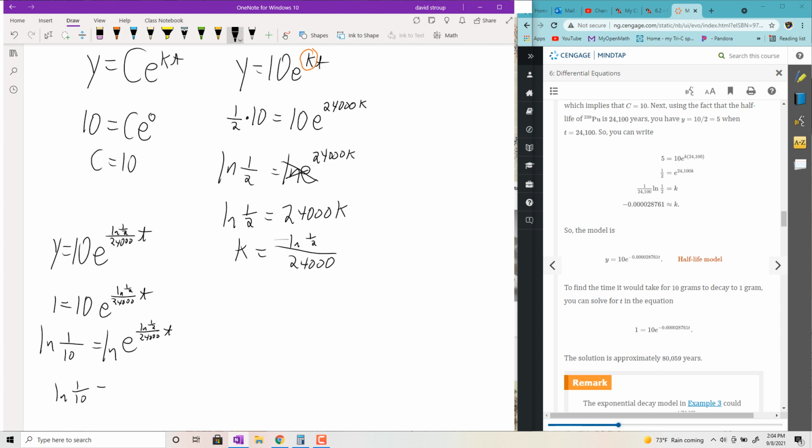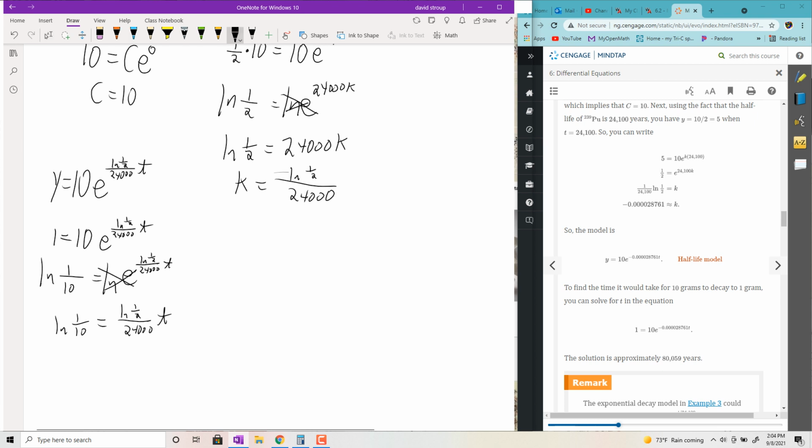On the right this time, the ln and the e cancel. Then I just multiply by the reciprocal of the coefficient in front of t. So I'll end up with 24,000 ln of 1/10 all over the ln of 1/2. And then I'll go to my calculator and get the answer.